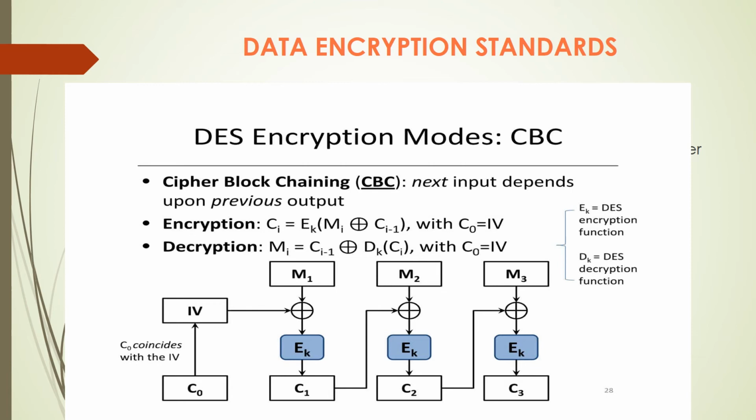Then that will be given as input to the encryption algorithm. Here also we have to use the key. Then the output from the second block will be XORed with the third block plain text. So this will happen for all the blocks.